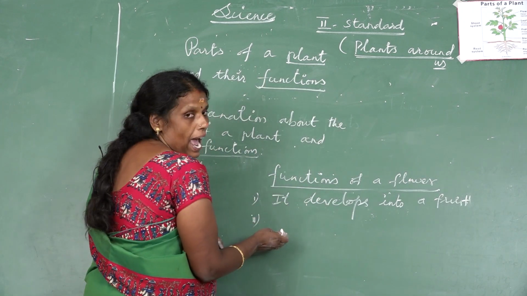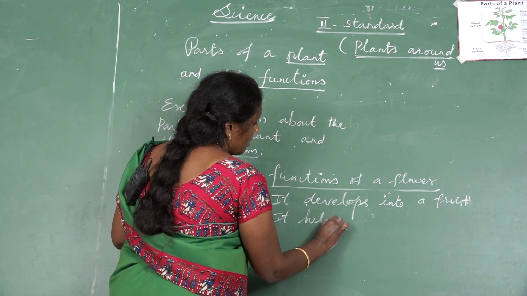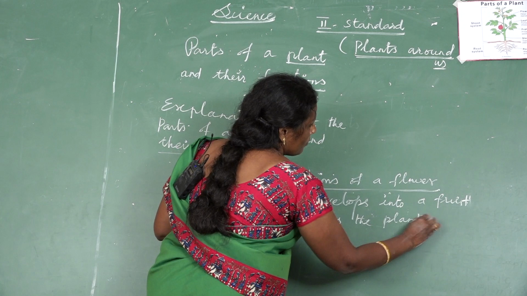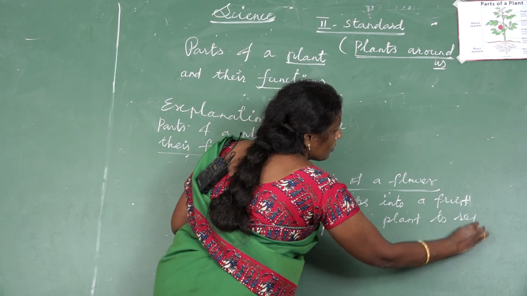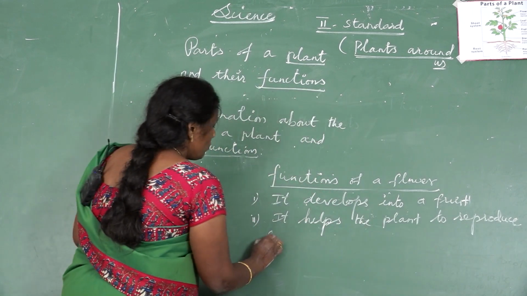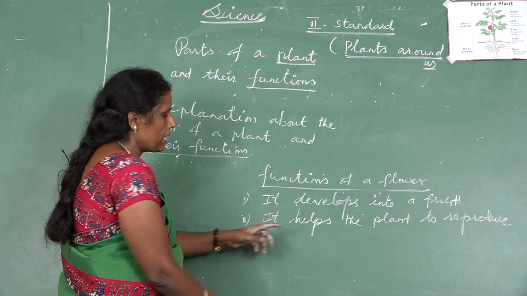It helps the plant to reproduce. So, the flower is the reproductive organ of a plant.